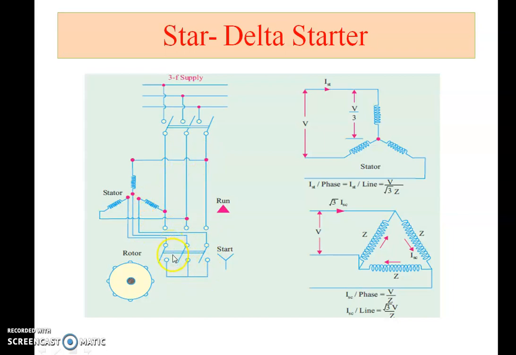If my winding connections are star, obviously there is a reduced voltage: VL upon root 3 is the voltage I get across each phase. So automatically, because of the star connected windings, the voltage value gets reduced by 1 by root 3. If the full voltage is 400 volts, dividing by root 3 gives about 230 volts. So this much lower value is available during the star connection.